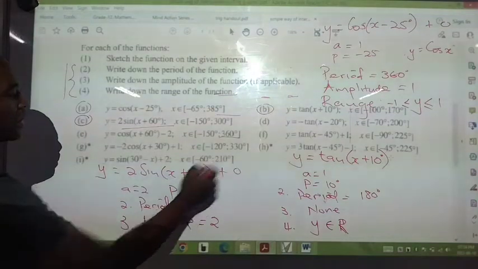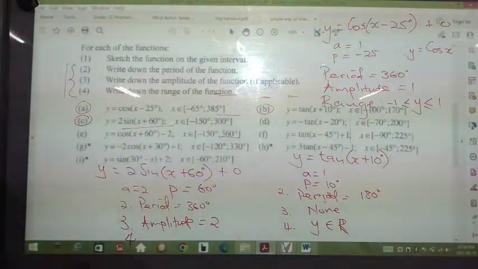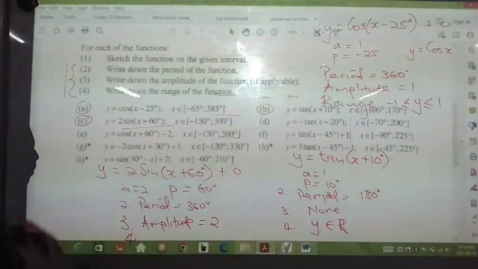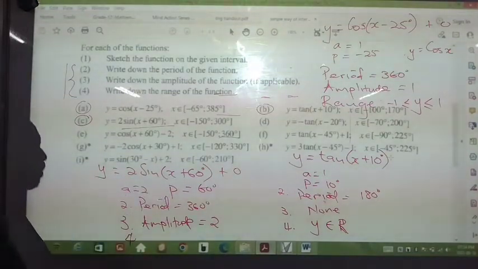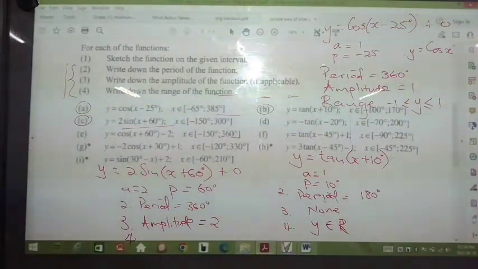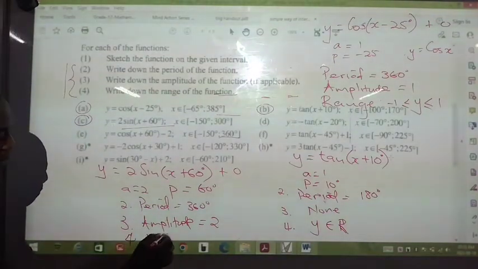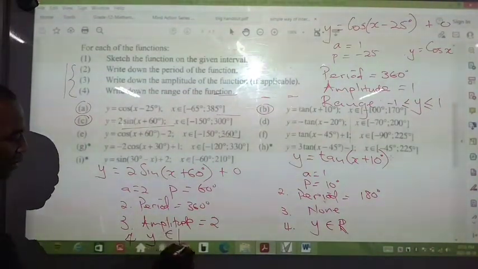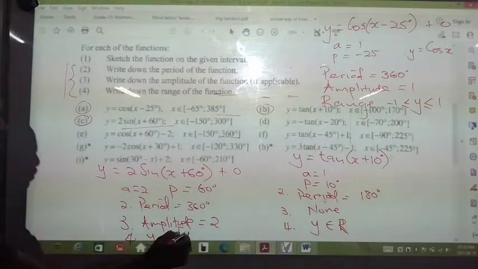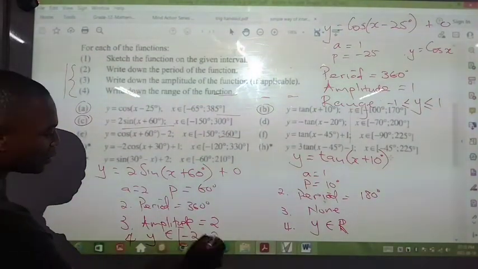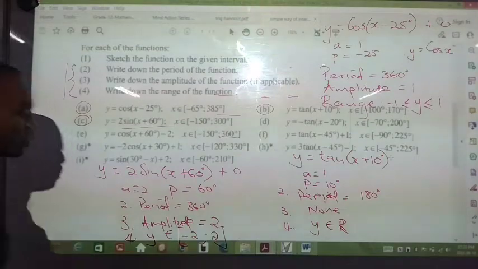Our Q is 0, so the range is still the same as the range of the graph of y is equal to 2 sin x. That means our y is an element from negative 2 to positive 2.